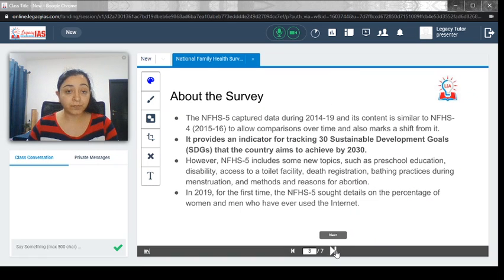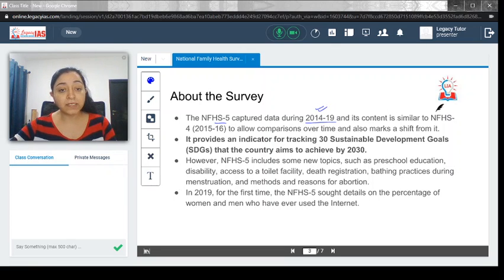So this is the present context, and this is going to be important. Whatever has been figured out, you are going to utilize that while writing your mains answer. So let's start. NFHS 5 captured data during 2019 to 20. This is the period it has considered, in which it has measured the various indicators, and its content is similar to NFHS 4, which was released in 2015-16.